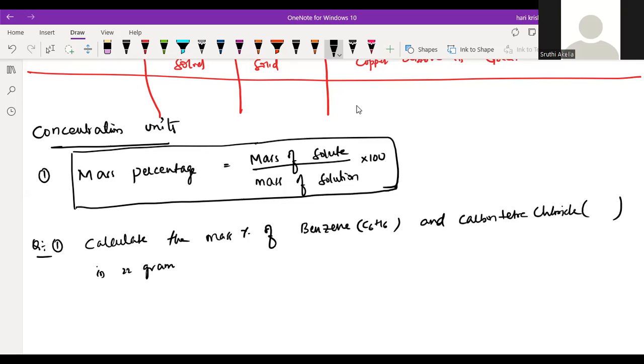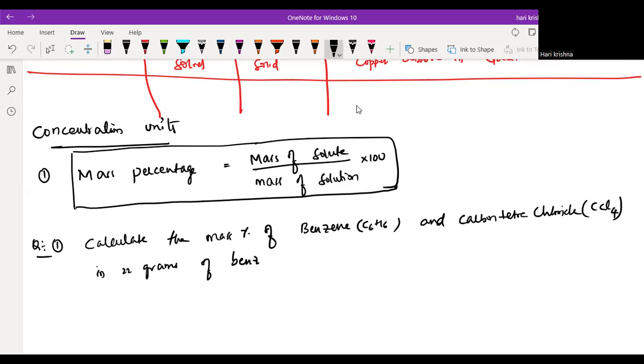So 22 grams of benzene is dissolved in 122 grams of CCl4. Find out the answer and tell me the answer. They are asking to find out the mass percentage of benzene and CCl4 if 22 grams of benzene is dissolved in 122 grams of CCl4.